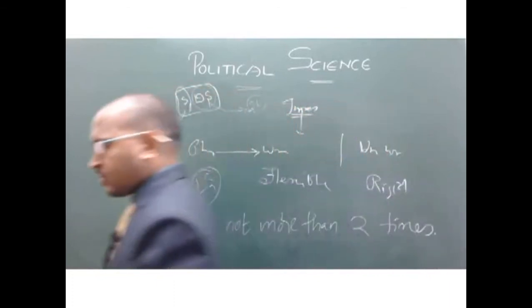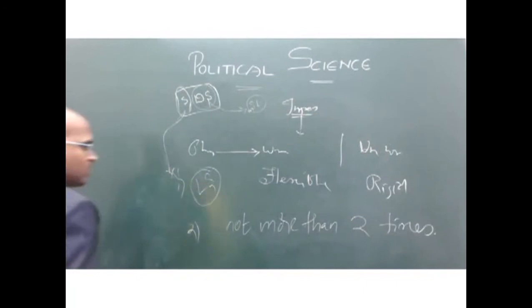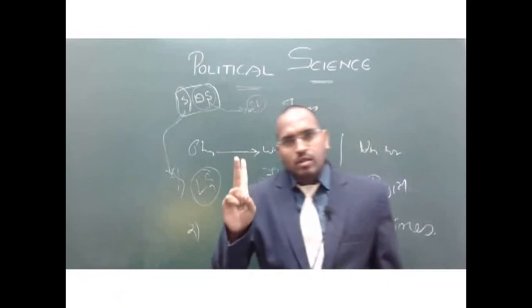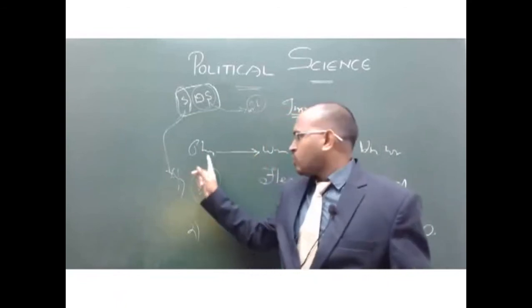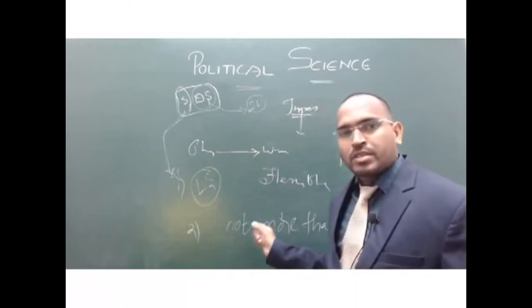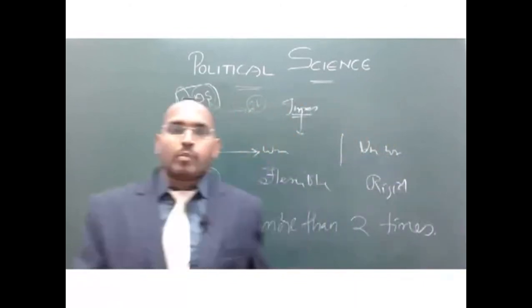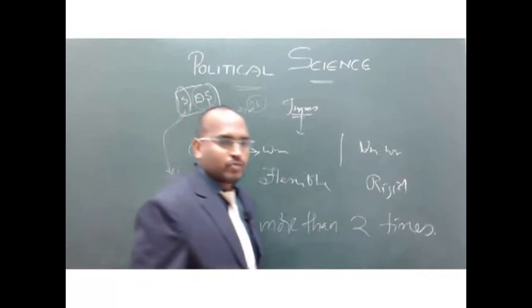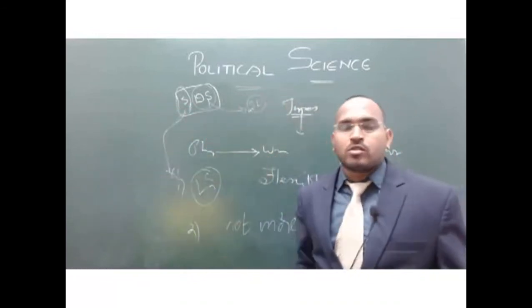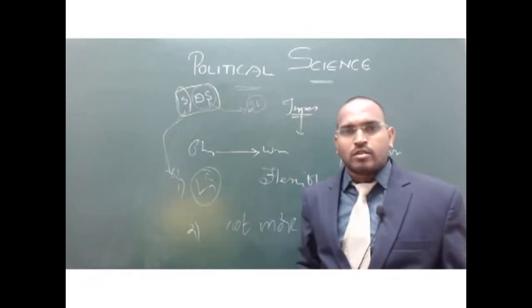Okay, like that. So in this way, I gave only 2 examples. Those 2 are the best examples. One is the speaker and deputy speaker example, and the other one is about the President of India. Like this, so many unwritten concepts are also there in the Indian Constitution.